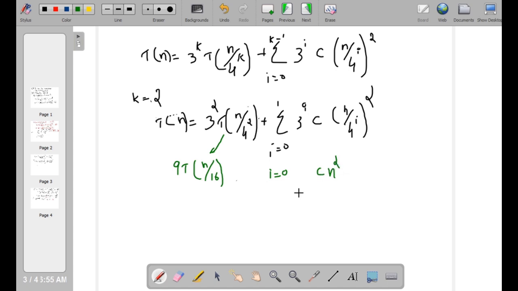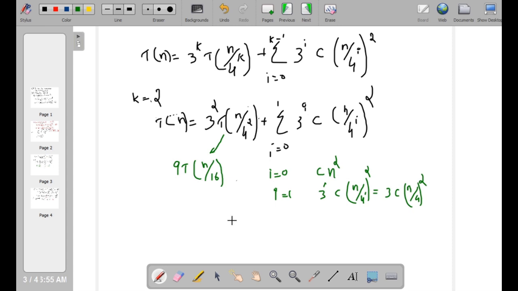Okay. Then i equal to 1, 3 raised to 1, c n by 4 raised to 1 whole square, it will be 3c n by 4 whole square.